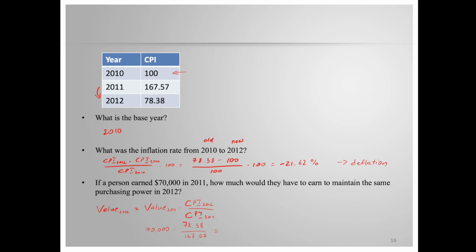This is equal to $32,742. So because there was a deflation from 2011 to 2012, the $70,000 in 2011 is equivalent to $32,742 in 2012.